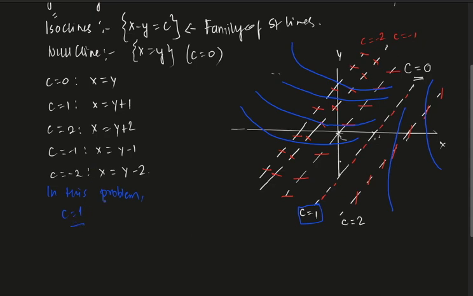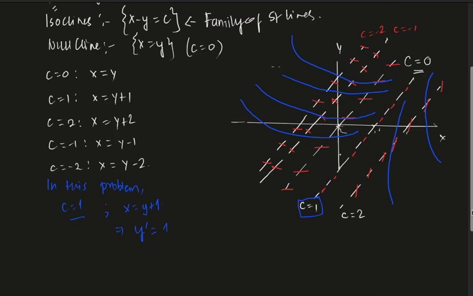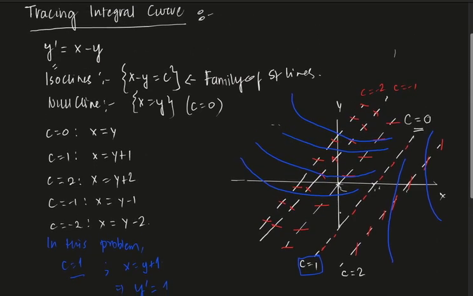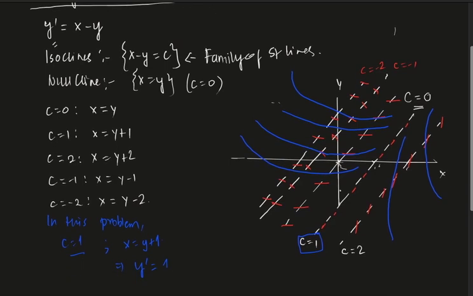For c equals 1, you can see that x equals y plus 1 is a solution, right? Because this will satisfy y prime equals 1. And 1 is, you can see, x minus y.